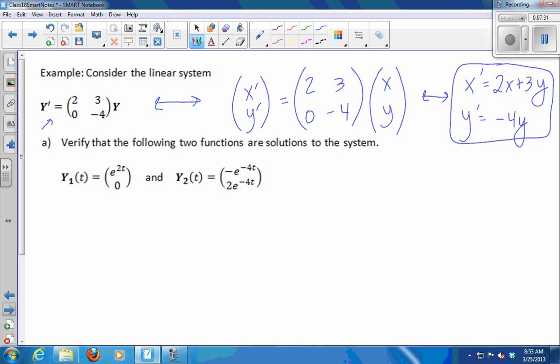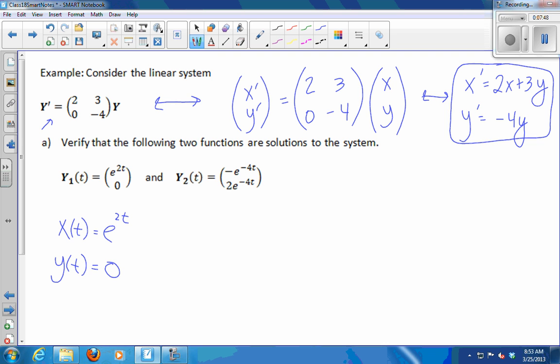They're here. So y1 says that x of t is e to the 2t, and y of t is 0. That's one set of solutions, an x and a y, that make this system true.